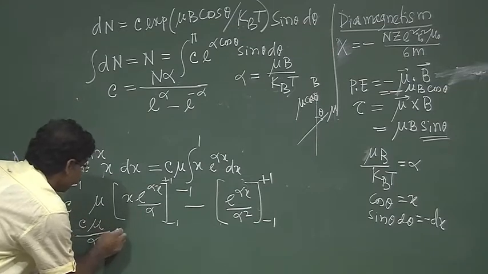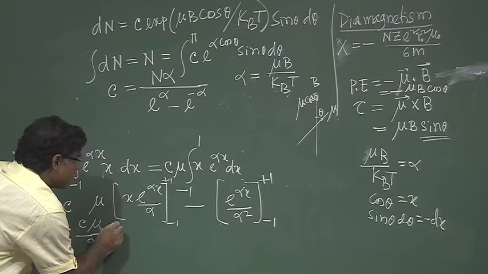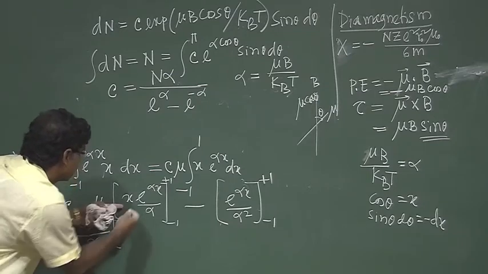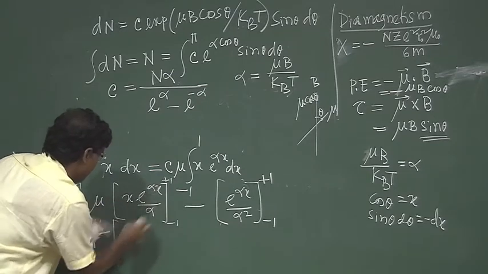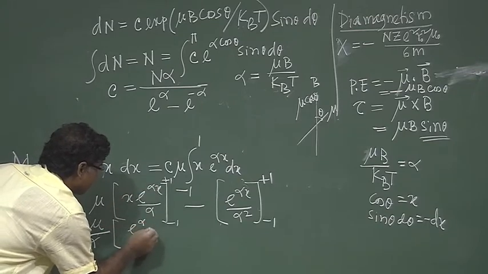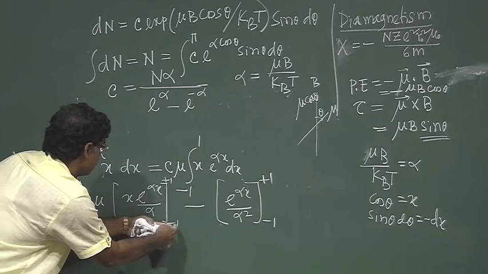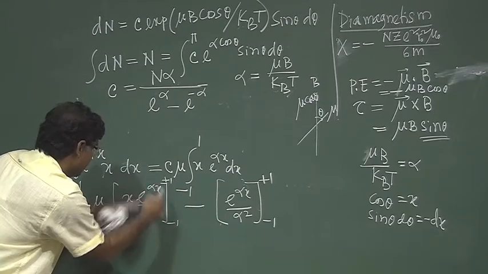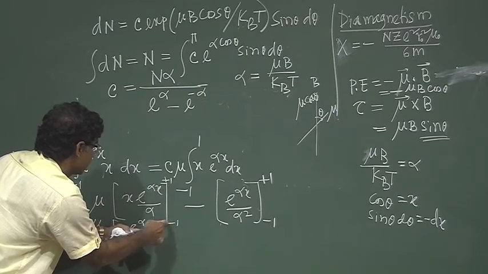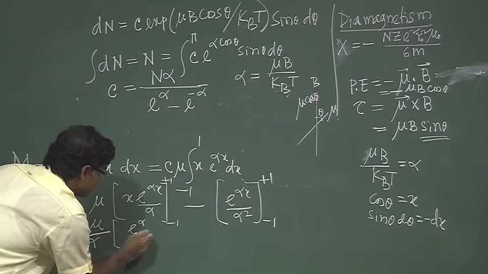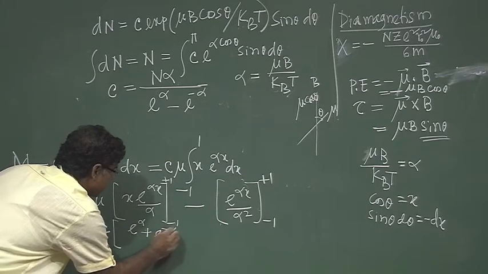And then what I am getting here for this one: e to the power alpha, and then minus of e to the power minus alpha where x is minus 1, so I will get plus e to the power minus alpha.